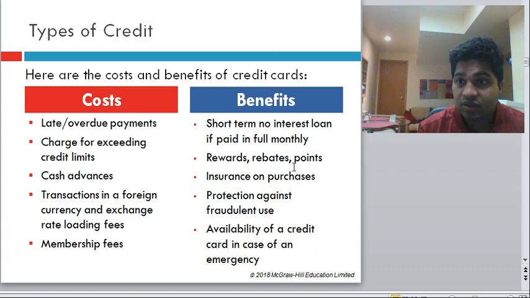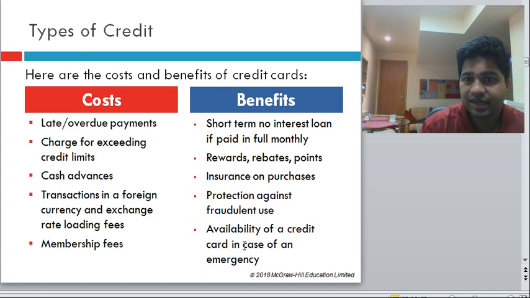But most companies have their own policies, so you're not liable to pay anything. Legally it is $50, but most companies like Visa and MasterCard cover all the fraud. So I'm not even required to pay that $50 most of the time.